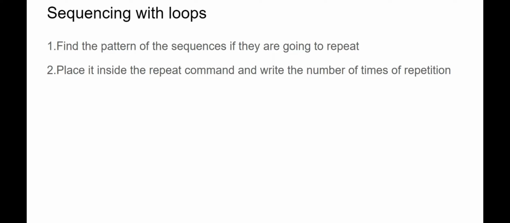We have to check whether it is repeating, and then find the right pattern, whether there is any break in between, or any changes in direction. Like that you need to find the pattern, and then you can place it inside the repeat command, and write the number of times you want to repeat it. Got it? This is how you do the sequencing with loops. Got it?